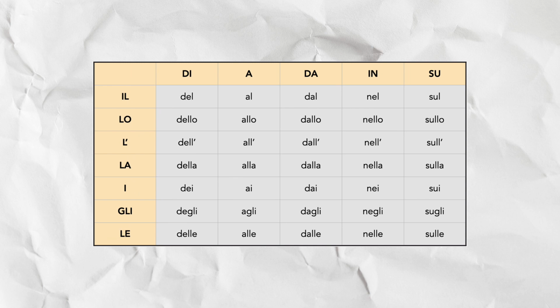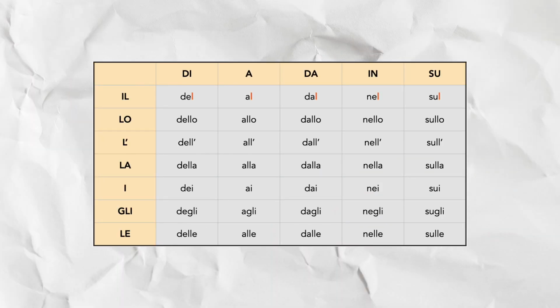How do we do that? Well, let's look at this chart. Let's start with the preposition di. It's very easy. So instead of adding the article itself, you're actually adding some endings that apply to all prepositions. The endings you are adding are l for il, llo for lo, ll apostrophe for l apostrophe, lla for la, i for i, gli for gli, and lle for le.